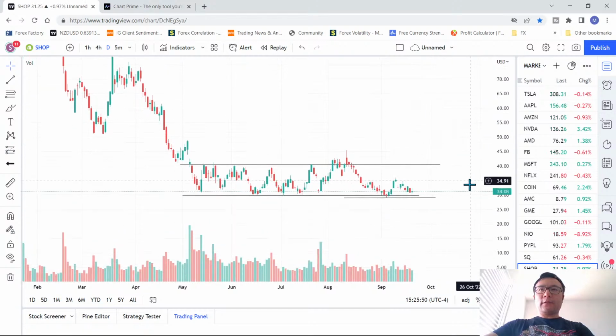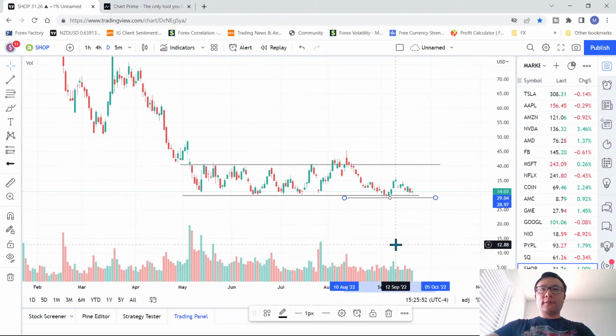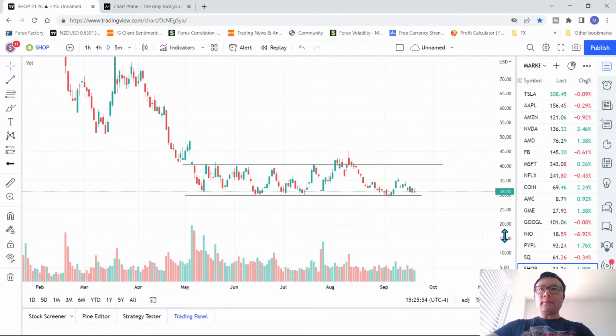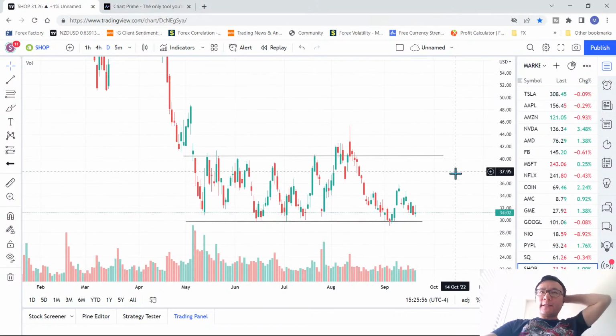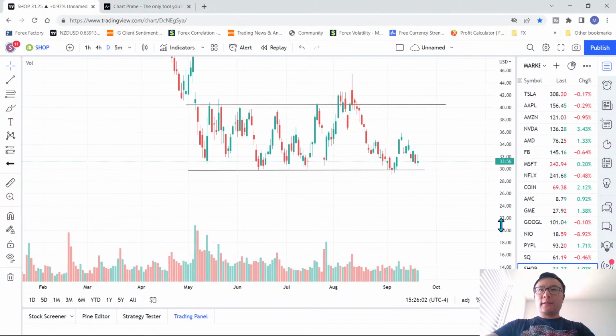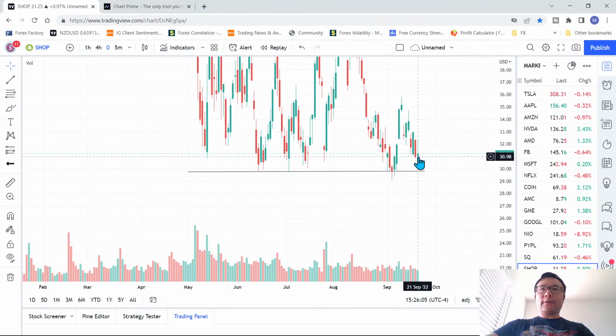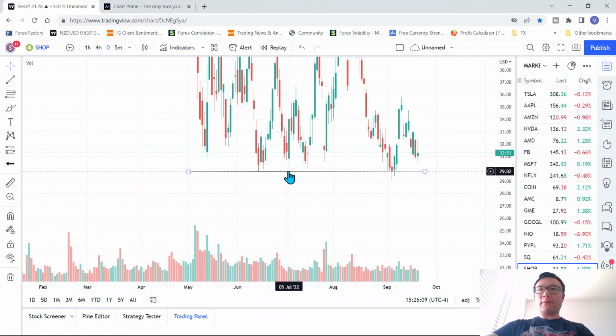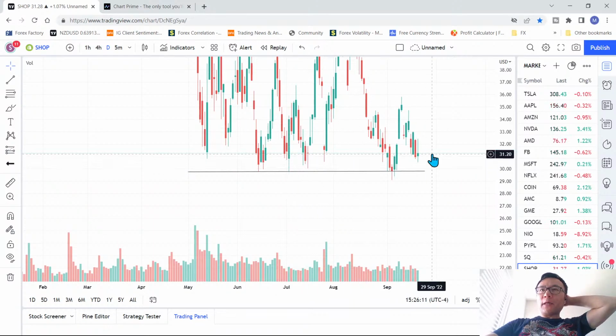All right, take a look at Shopify. So Shopify is similar. It's basically been trading this range, and if you think that there is a level of support right here around $30, then you can buy right here at 31, and put your stop right here below that.